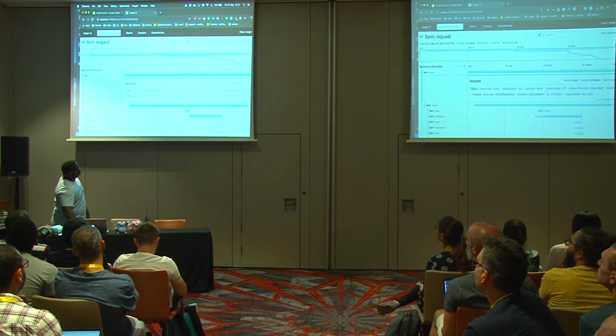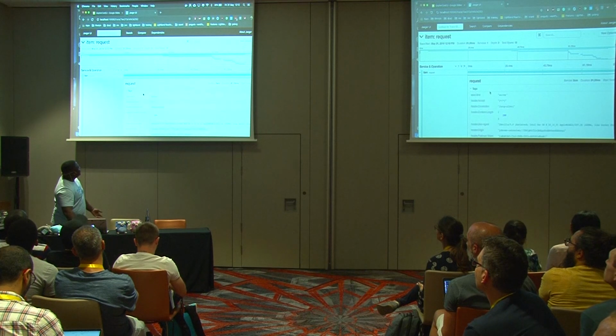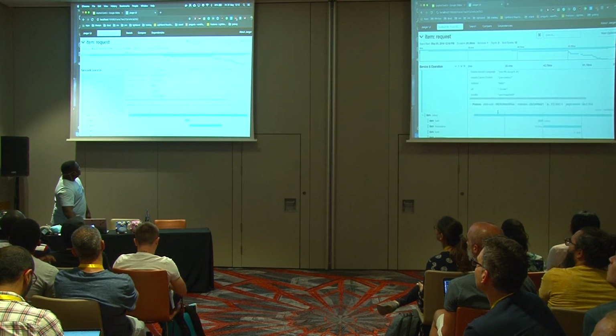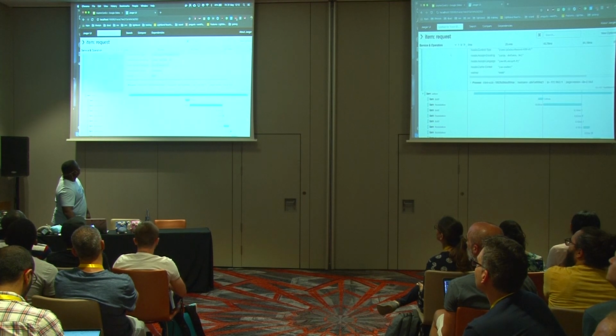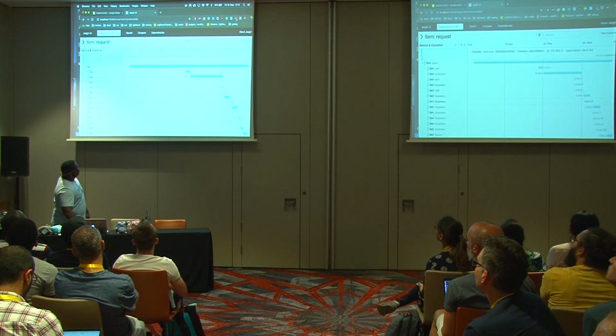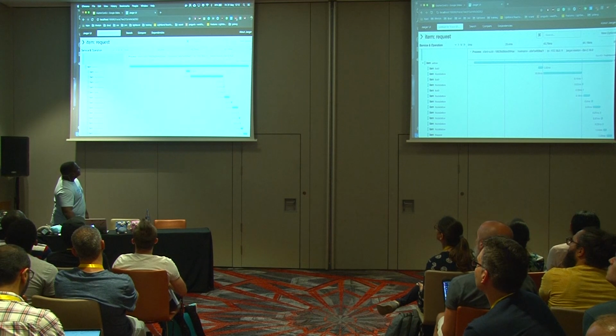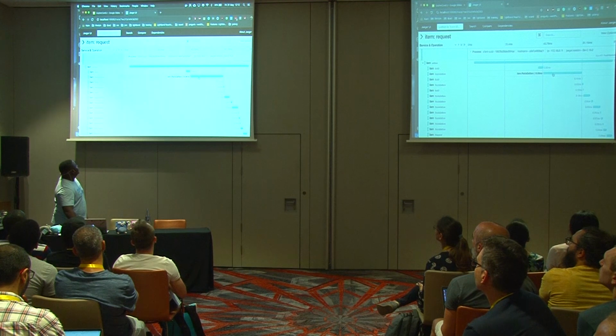If you had tags or annotations, you can look at those. You can see all the steps that were called and how long each span took. And this gives you an idea that the first one took longer than the rest, and you'd want to find out why it took longer than the rest.